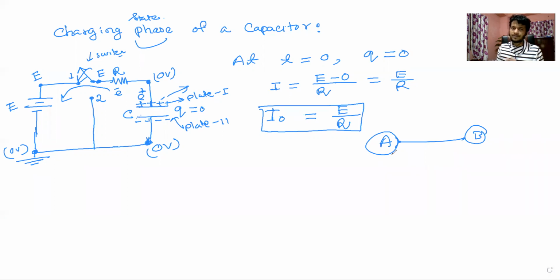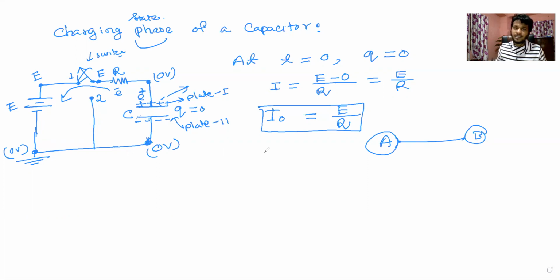So it is obvious that the negative charge is getting transferred from plate 1 to plate 2, but the question is how long this process will continue. This transfer of negative charge or electrons will continue as long as the potential across this capacitor is less than the potential across this battery or power supply, isn't it?